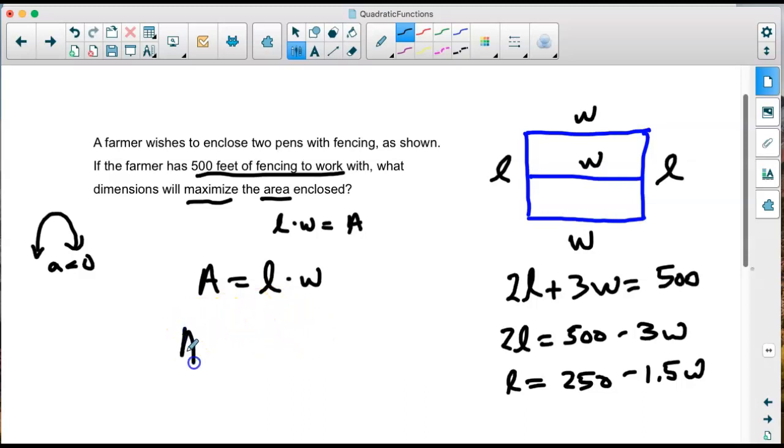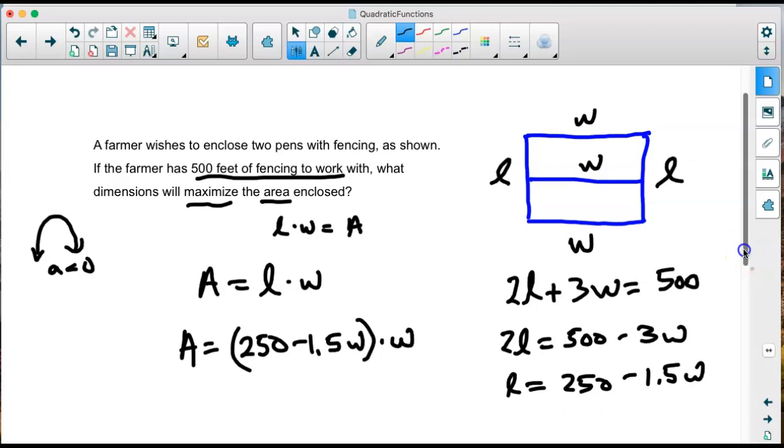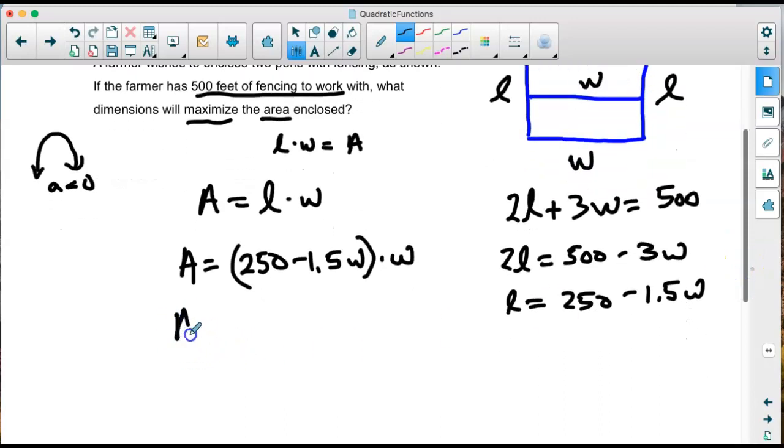Okay, now we're going to put that in here for L. So my area function now is going to be, instead of L, we're going to put in 250 minus 1.5 W for L, and then we're going to have that multiplied by W. So we're going to have a function here that is a quadratic, because if we multiply it out, we get 250W minus 1.5 W squared.